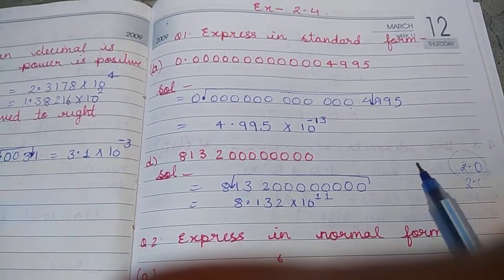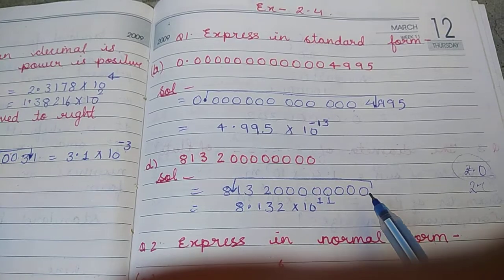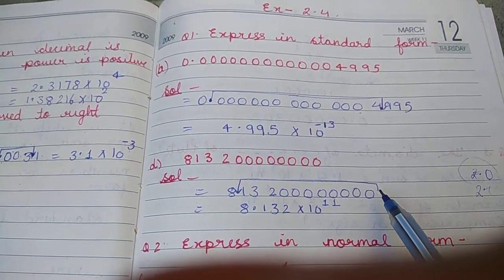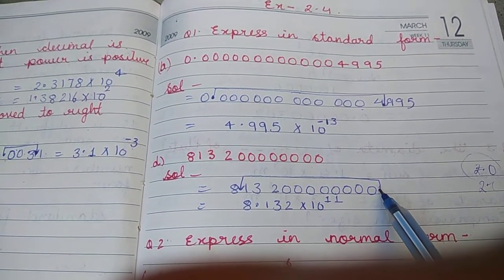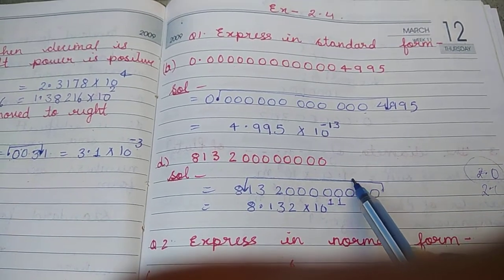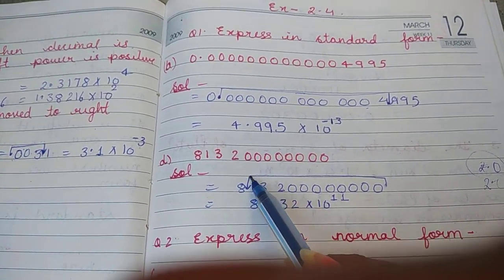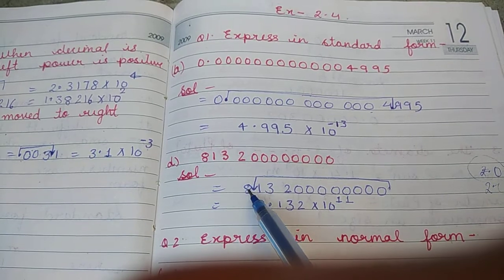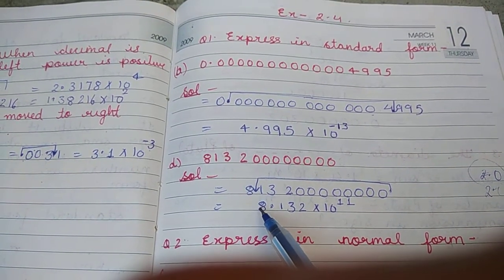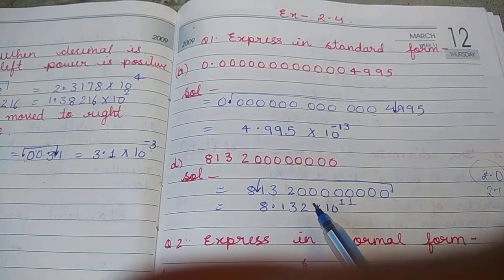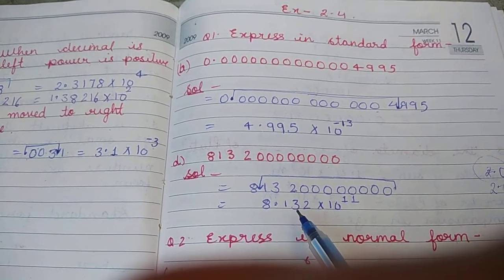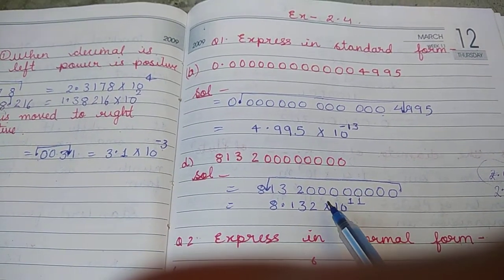So if there is no decimal in a given number, there is always a decimal at the last. So pick that decimal from the last and move it towards the left till we reach between 8 and 1. So the number has become 8.132, 8 point something, which is between 1 and 10, into 10 raised to the power.